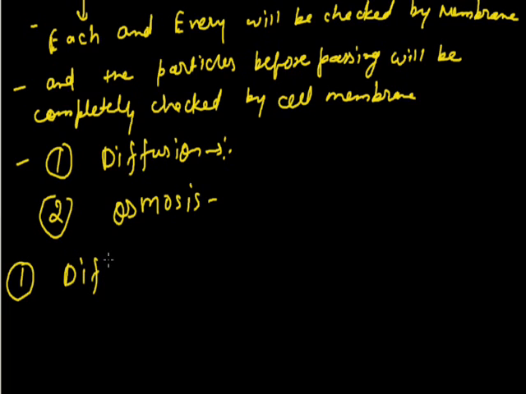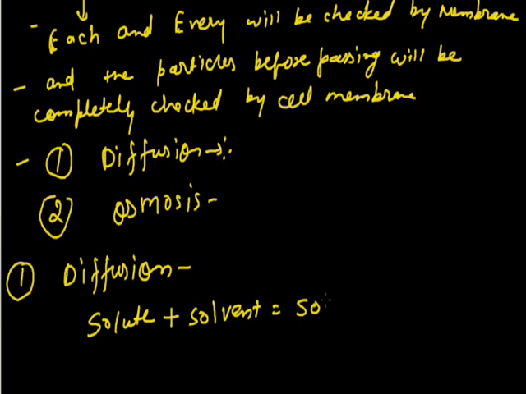What is diffusion? Before starting diffusion, first I would like to say something about solution. What is a solution? A solution is a mixture of solute plus solvent, and if they dissolve, they will form a solution. And what are solute and solvent?